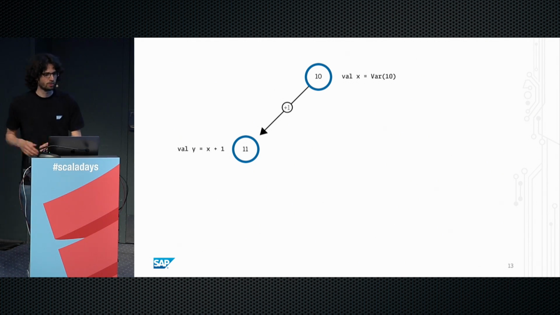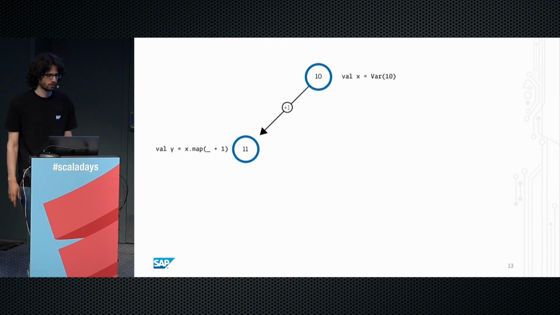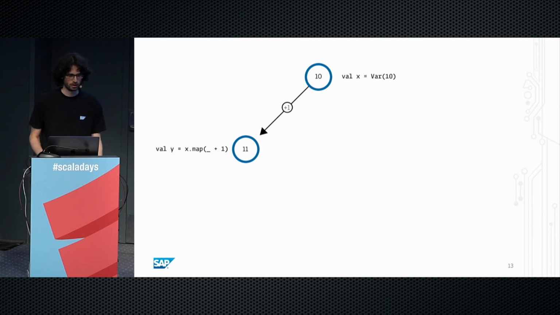Because this is now wrapped in this box, we can't do this. We can't just say val y is x plus 1. So instead, we have to say, okay, y is x.map underscore plus 1. So this map gets this value out of this box, and then there we do the calculation.